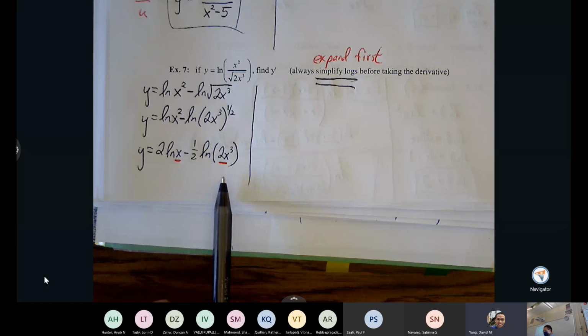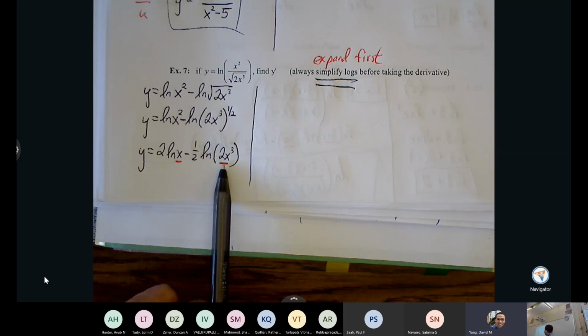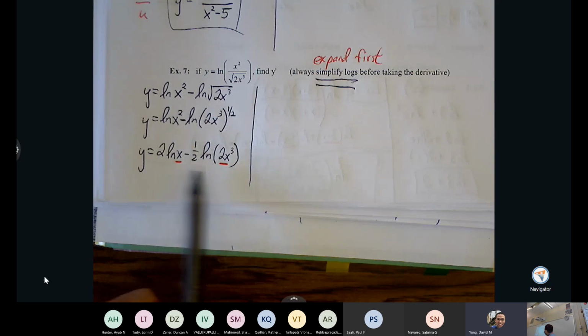I think sometimes students have asked in the past, well, can I expand this further, right? Why can't we expand the 2x cubed even more? And the answer is yes, we can expand it further if we want. But I think it comes to a point where if the derivative feels easy enough to apply, just go ahead and apply the derivative.